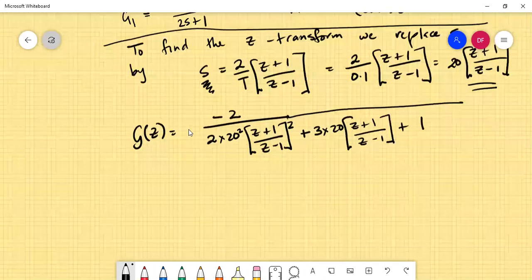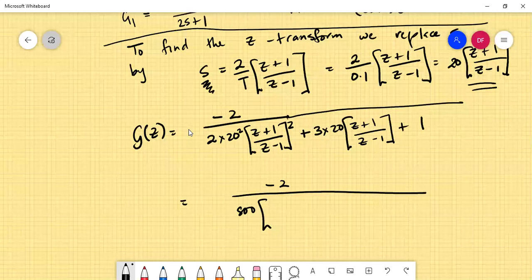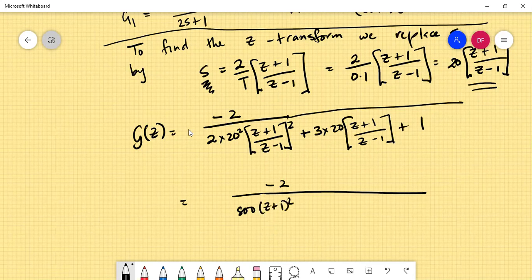And if we have MATLAB, we ask MATLAB to simplify that, but we're doing it by hand for the time being. 800 (Z plus 1) squared over (Z minus 1) squared plus 60 (Z plus 1) over (Z minus 1) plus 1.